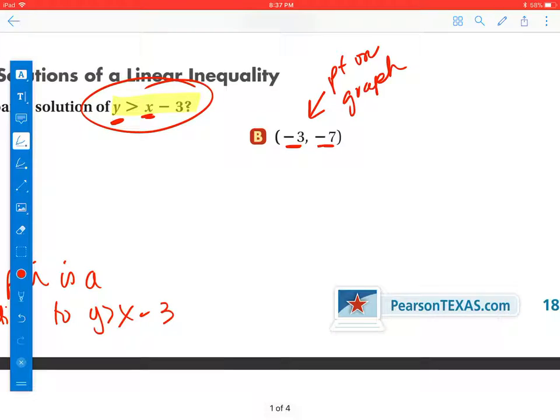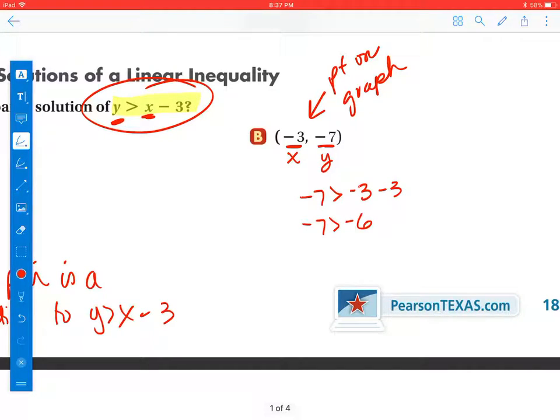Now, I'm going to check this next point on section B. Okay, I'm going to plug that in. This is x, this is y. My y is negative 7. I'm going to copy down my inequality, greater than, negative 3 for x, minus 3.